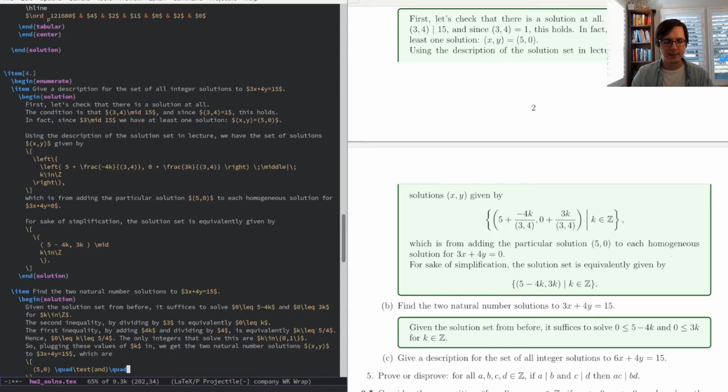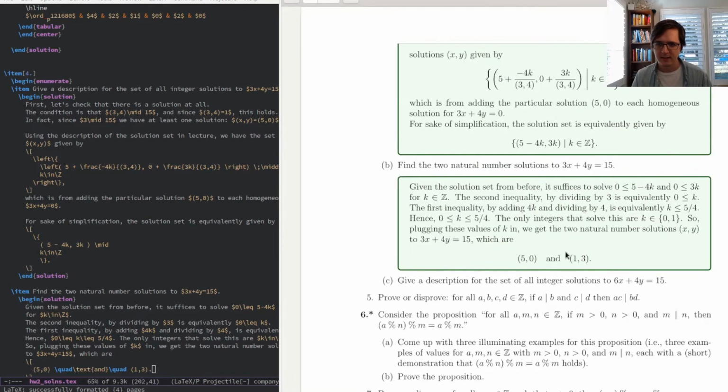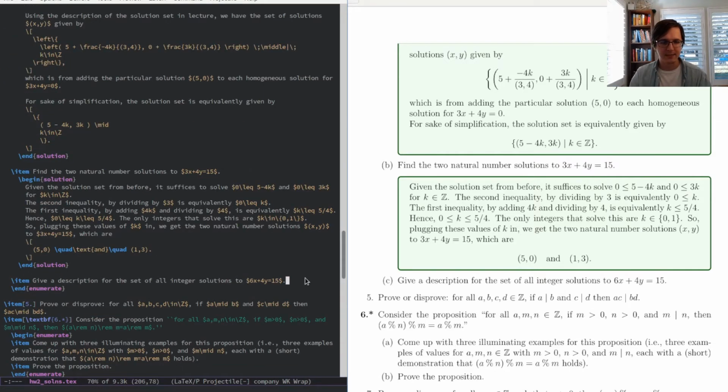So quad is a quad space, 4 spaces. It's a nice little thing. Maybe it will look good. Let's plug in 1 now. So that's (1, 5 minus 4, 3). Period. Okay. So let's check it's actually a solution. Always a good thing. So 1 times 3 is 3, 4 times 3 is 12, and 12 plus 3 is 15. Cool.